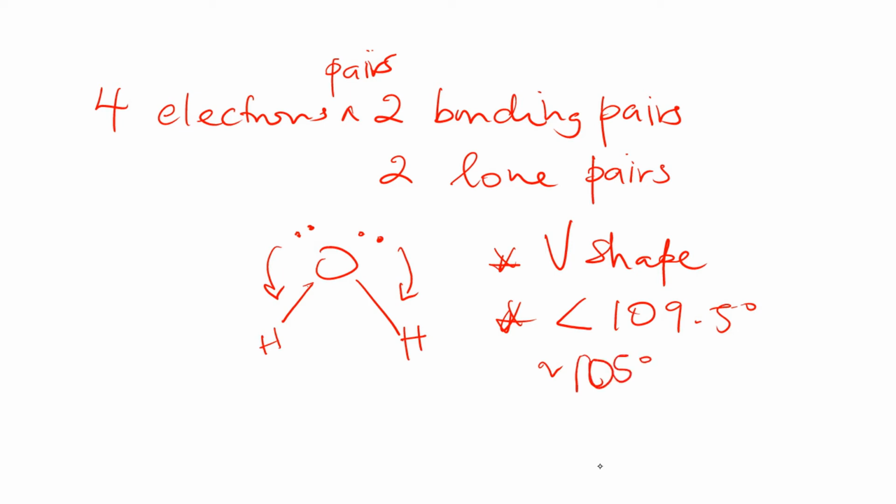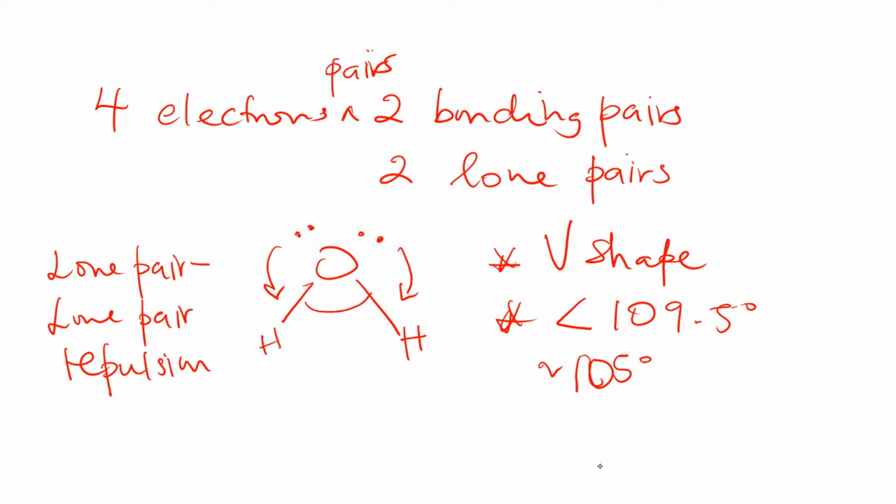So you have lone pair bonding pair repulsion, and you also have lone pair repulsion. Approximately 105 degrees.